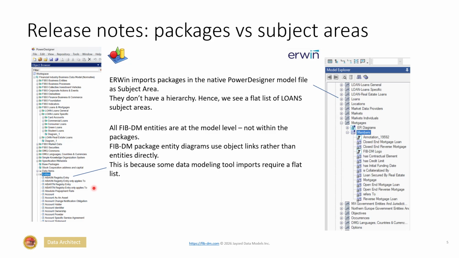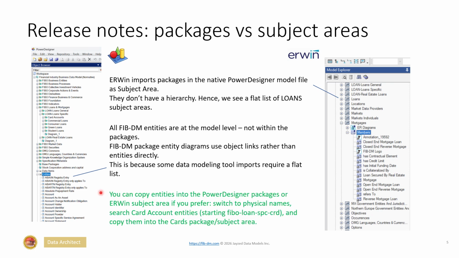So to make it easy for everyone, entities are in a flat list underneath the model. However, you can copy entities into PowerDesigner packages or into ERWin subject areas. That's very easy. You switch to physical names, search card account entities. They all start with the same prefix, and then copy them into the cards package or subject area.